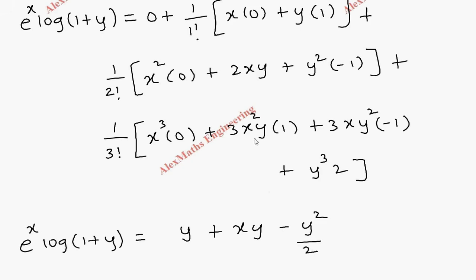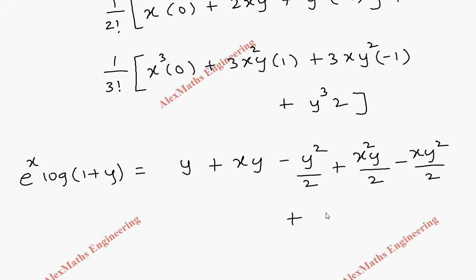Here this is 0, and this will be, after cancelling, the 3 factor is 6, so after dividing, this will become x square y by 2. Then minus x y square by 2, and the last term is plus y cube by 3, because this is 6, and when I multiply, after cancelling, we write the remaining number. So we completed the Taylor series expansion up to third degree.